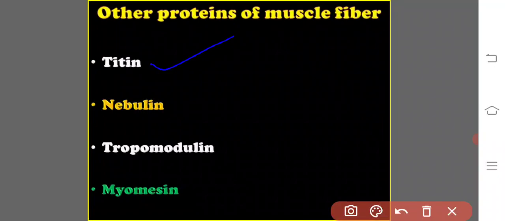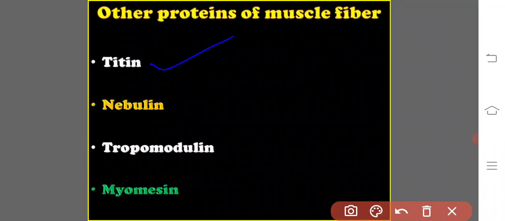Titin accounts for much of the elasticity and extensibility of the myofibrils. Titin probably helps the sarcomere return to its resting length after a muscle has contracted or been stretched, may help prevent overextension of sarcomeres, and maintains the central location of the A band.